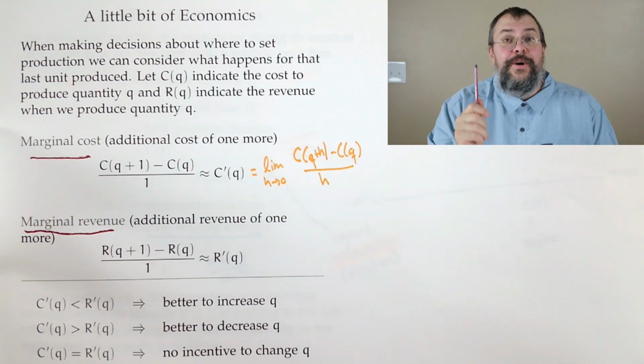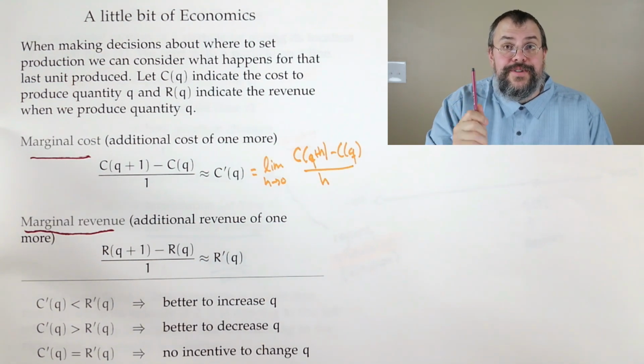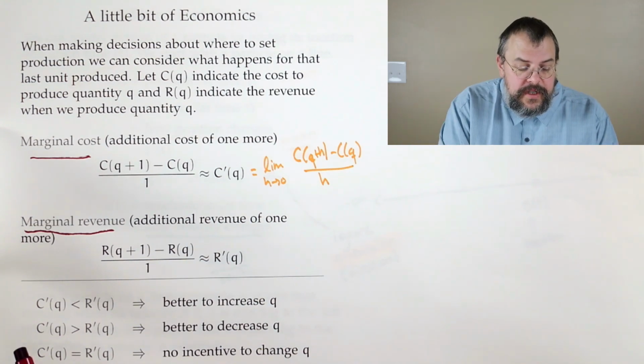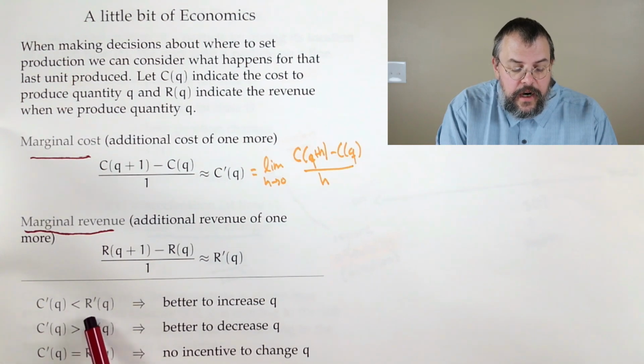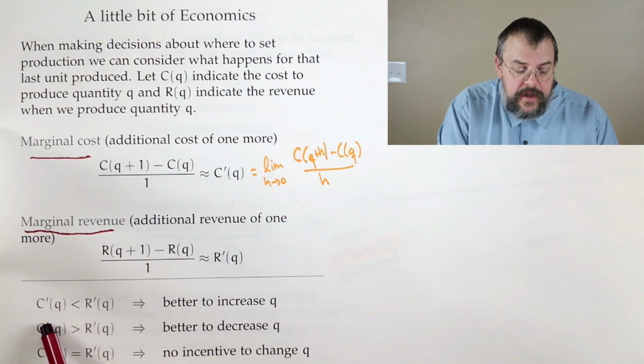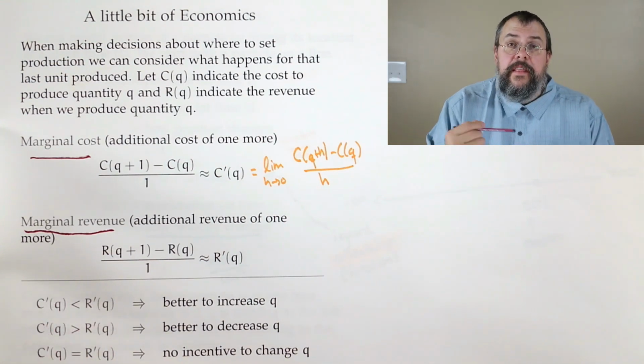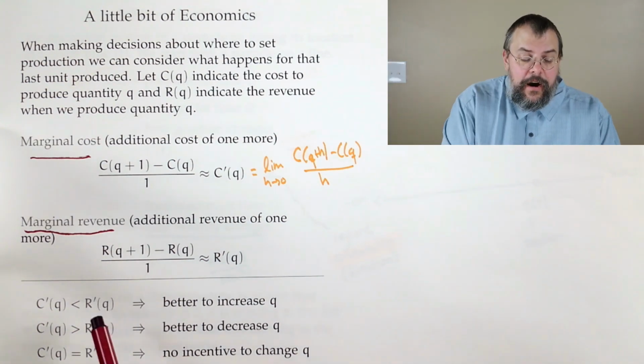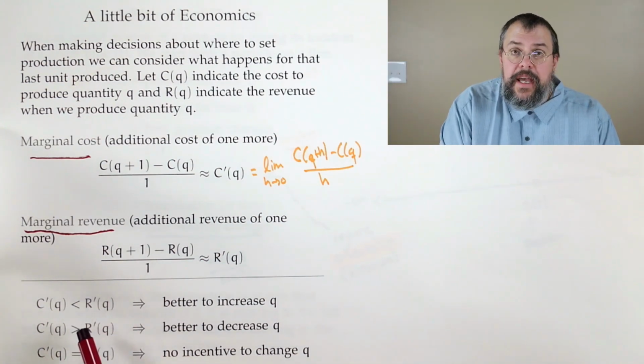Now the question, when do we produce? Let's think about it. Suppose we're in this situation where C prime of Q is less than R prime of Q. What does that mean? Well, this left-hand side, C prime of Q, that's how much it's costing us to make our next unit. R prime of Q is how much we're going to make.